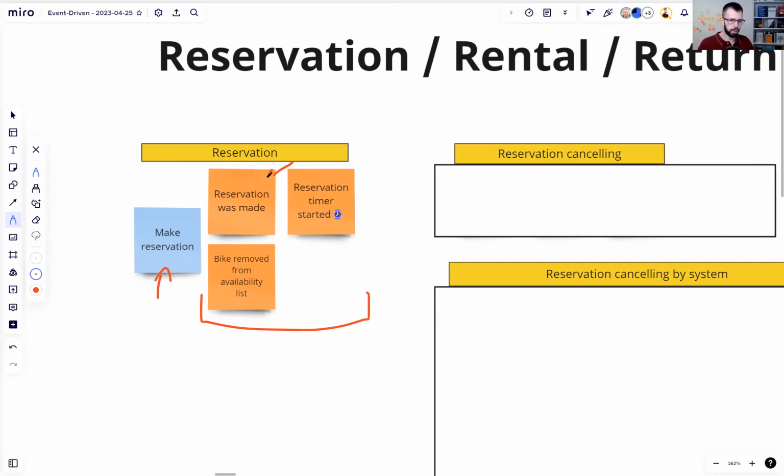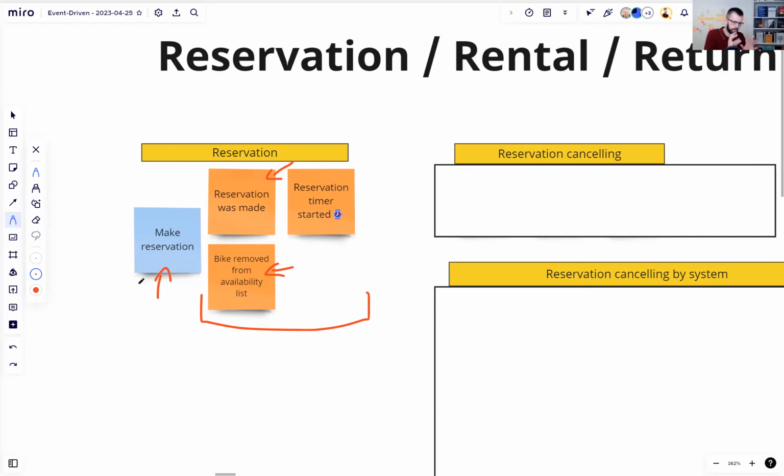So we have make reservation, somebody, potentially some client, makes a reservation, and we have different types of events there. So we have a reservation was made, that somebody started this reservation. Then bike was removed. Probably this is missing here. Bike was removed from availability list. So there is information that bike is available in this area, and when we make a reservation, we want to remove it from the availability list, not to have the situation that some other client is taking the same bike as our first client.